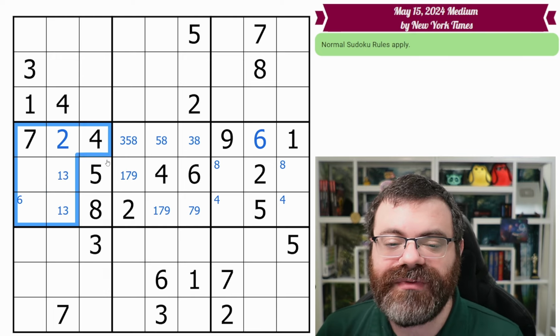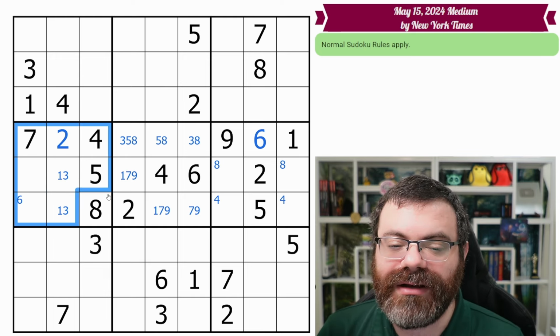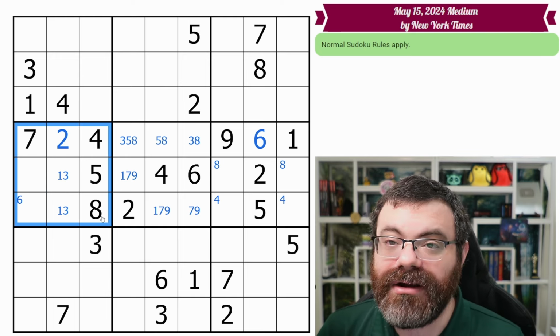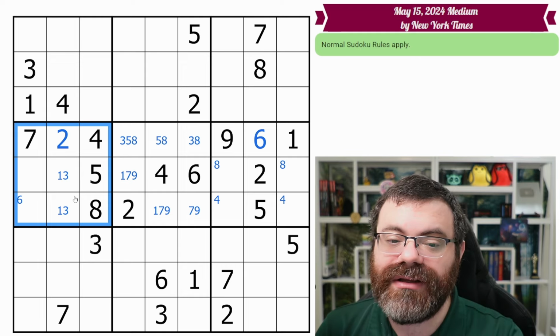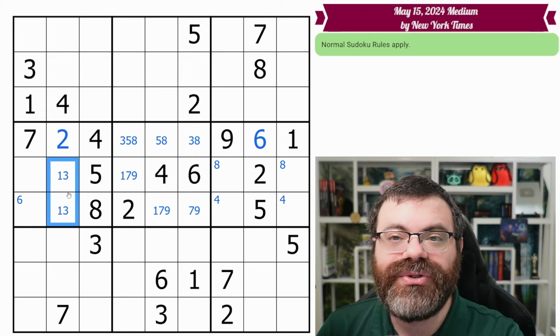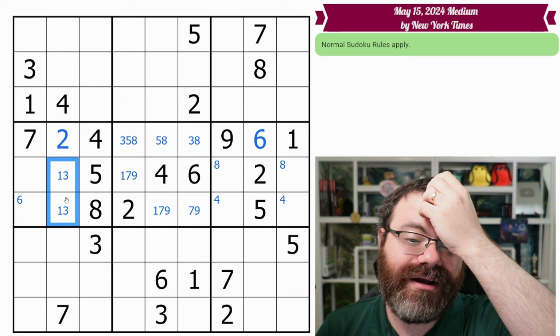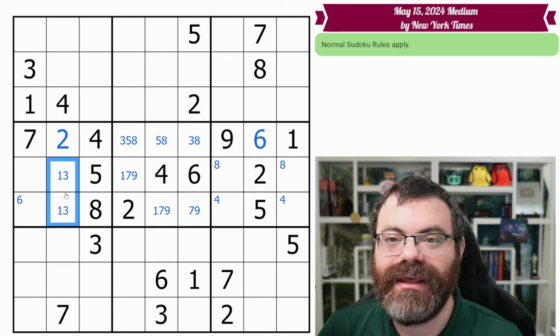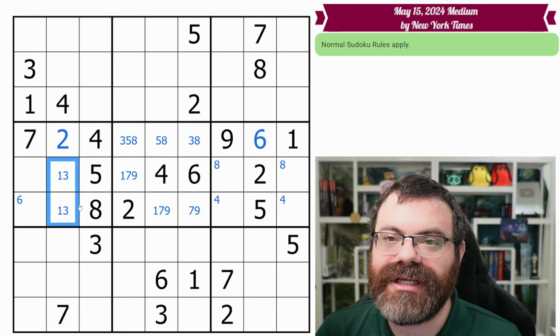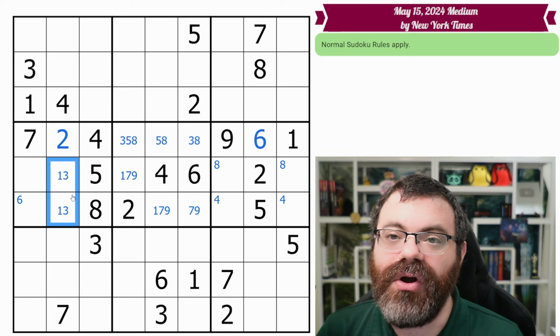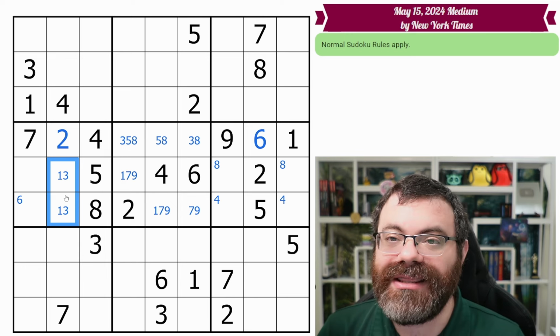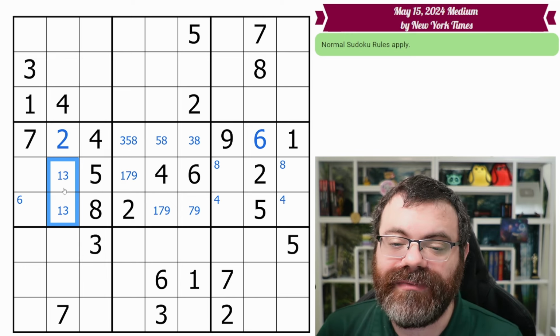Remember, hidden was related to a row, column, or box, in this case, a box. And pair, meaning that there are only 2 cells in the box that can have 2 digits. So the hidden pair is telling us that 1 and 3 in this box are reduced to 2 cells. So therefore, those 2 cells are only 1, 3, and therefore anything else we thought could go in those cells is eliminated.